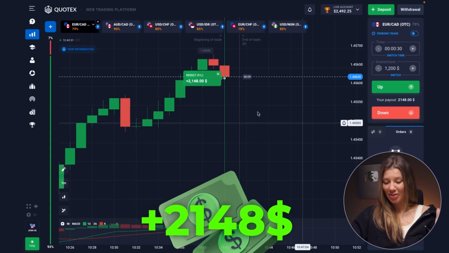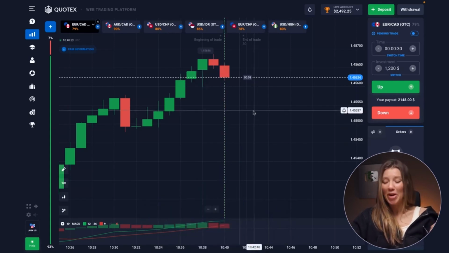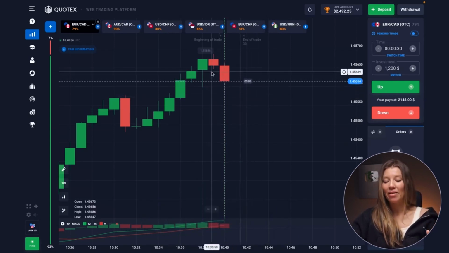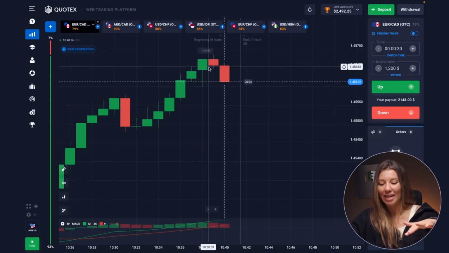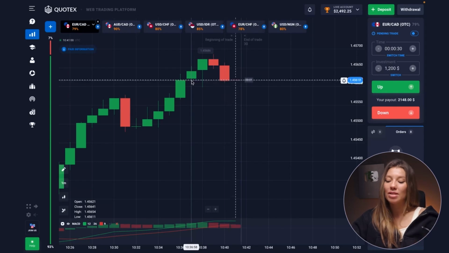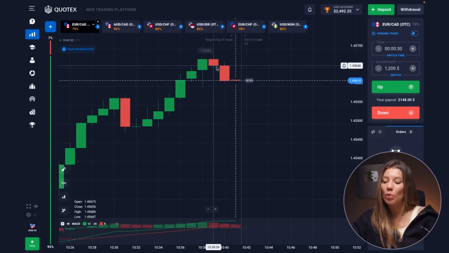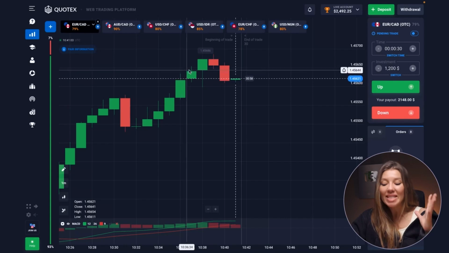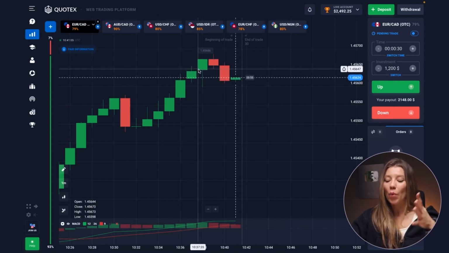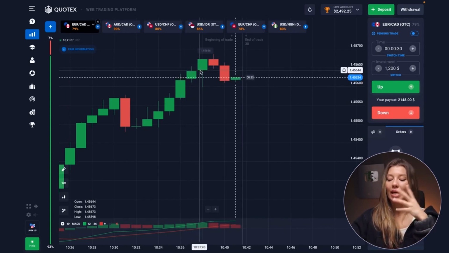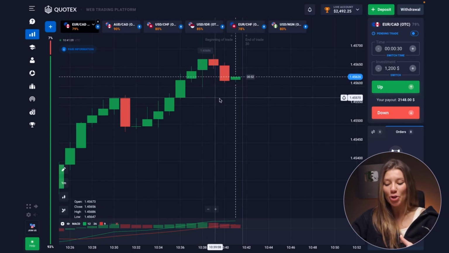That's a perfect result, and if you know what I mean, we just mirrored the previous pattern. So if you see, that was the cycle that provided us with the same kind of pattern, which I mentioned and was going to show you.